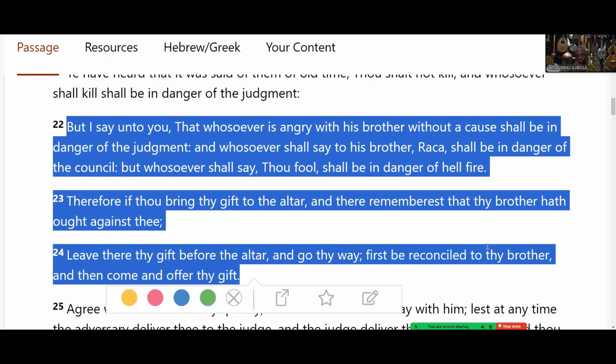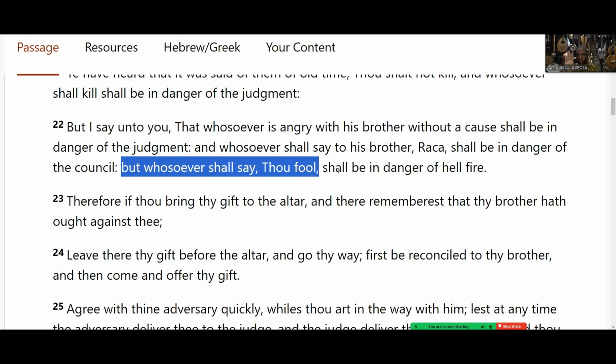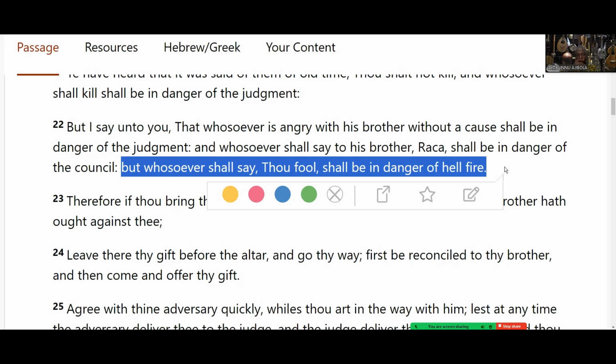And whosoever shall say to his brother, Raca, shall be in danger of the council. But whosoever shall say, Thou fool, shall be in danger of hell fire.